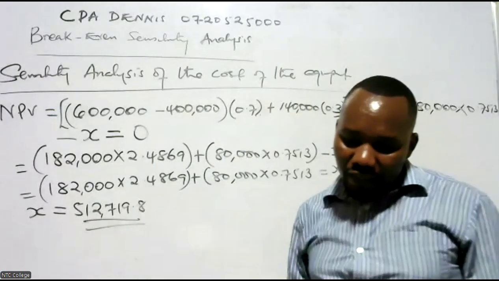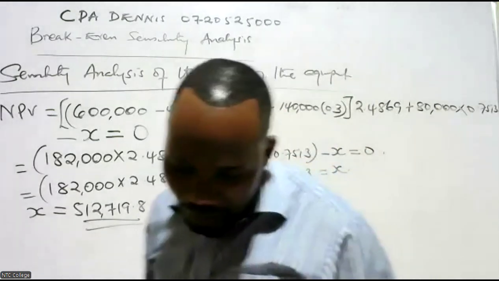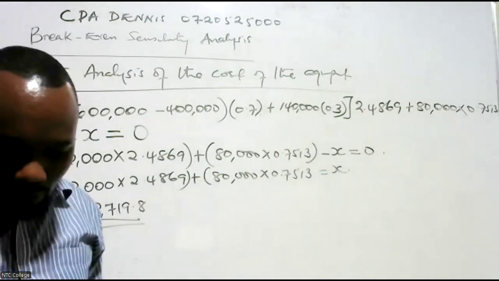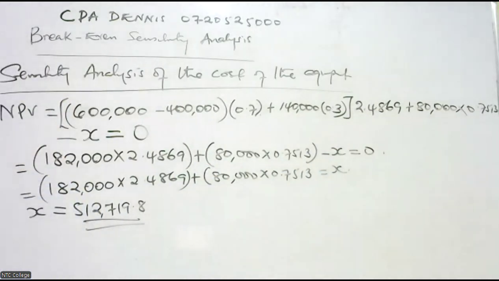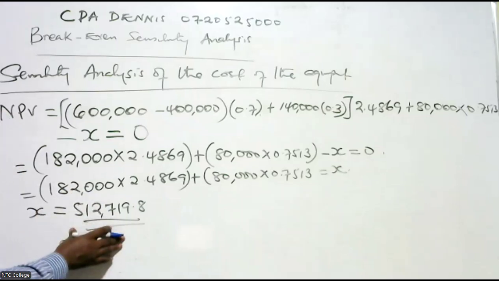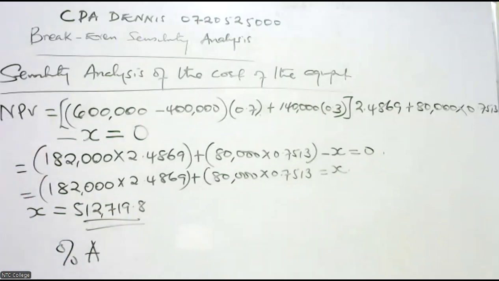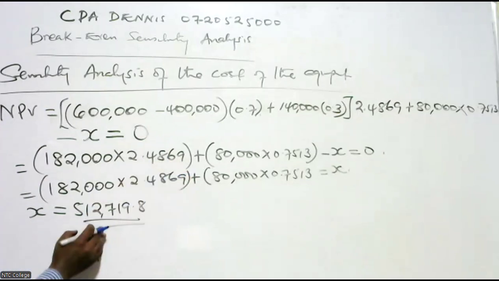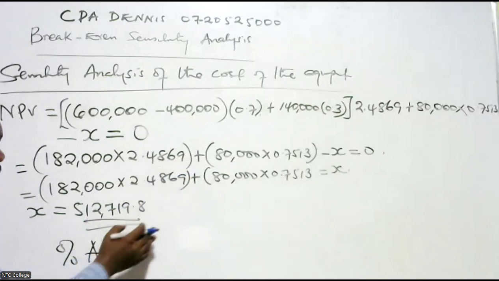But the examiner is asking us to perform sensitivity analysis. So how do we do it? For sensitivity analysis, you say percentage of adverse change, because this is cost. When cost increases, it is adverse. So you call it percentage of adverse change. Initially, it was 500, but now we are having it to be 512. So it is adverse.